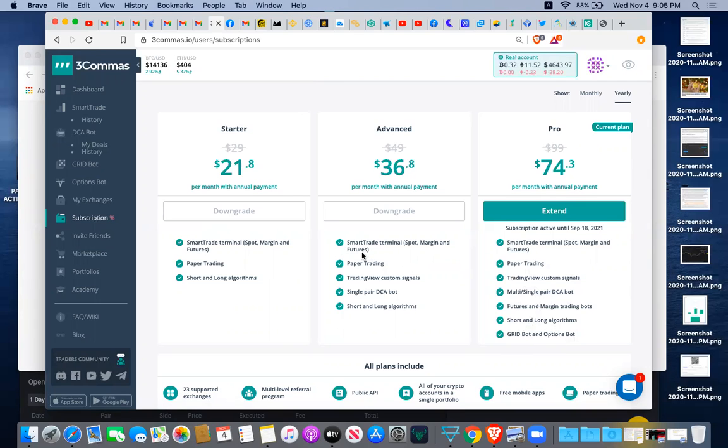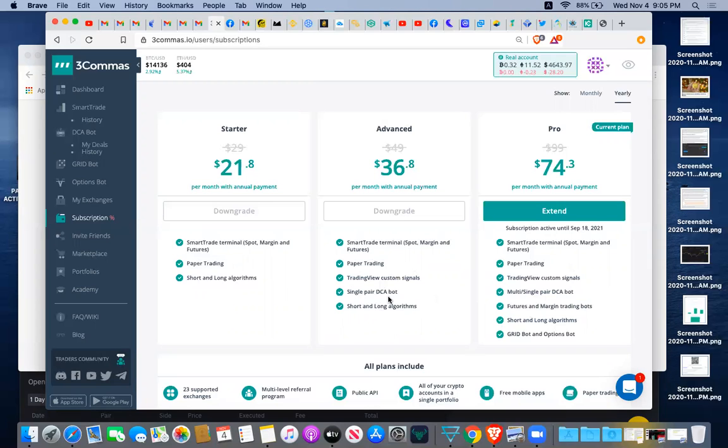Of course, here you have this. Everyone has it: spot, margin, and futures trading. Paper trading, just for practice. You have TradingView custom signals, single pair bot, single DCA bot.